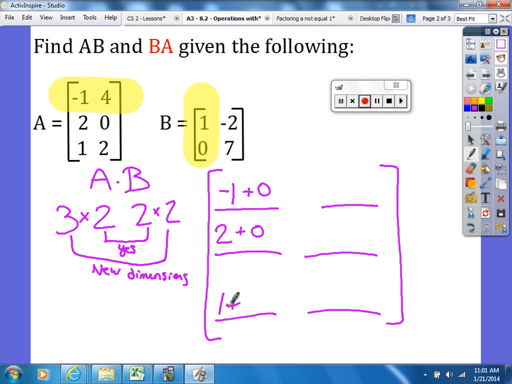So you should have 1 plus 0. Is that correct? Okay.